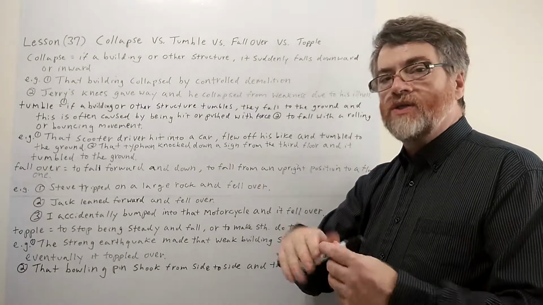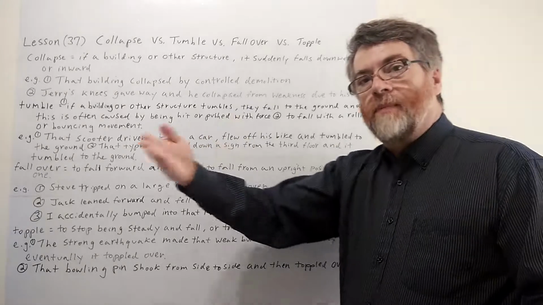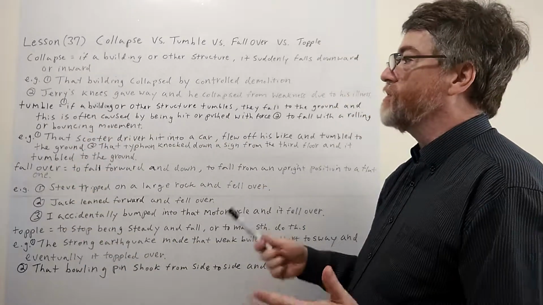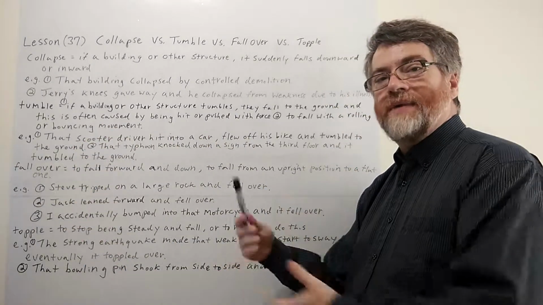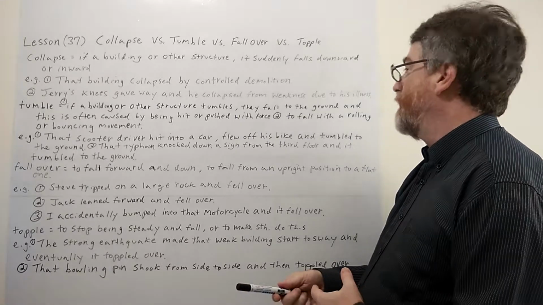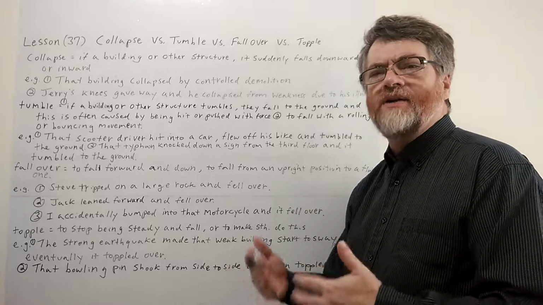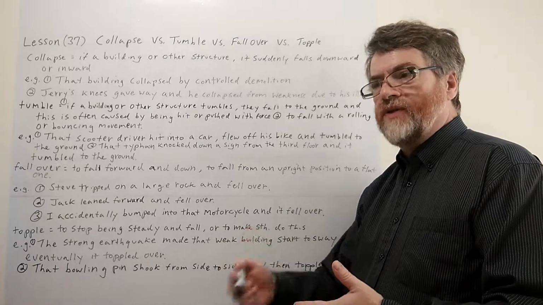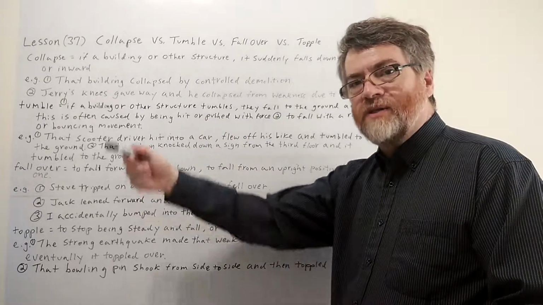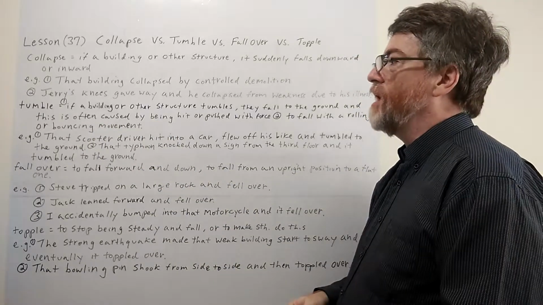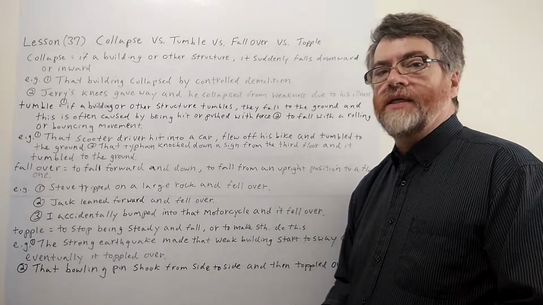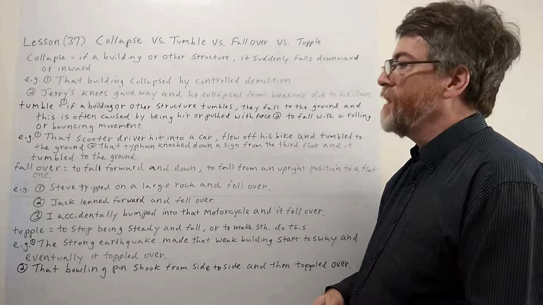Because if it's hit with force, it's going to go boom, boom, boom like that. It may roll, it may tumble, or bounce, as we say. It almost has the feeling of something hitting and then bouncing and bouncing. So we're more likely to use tumble in these sorts of situations.